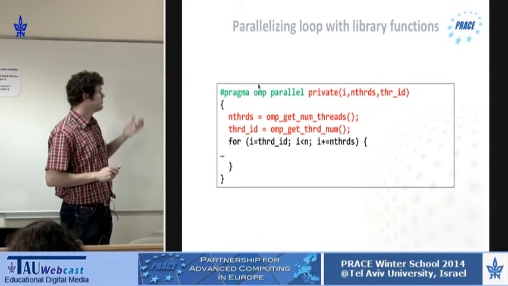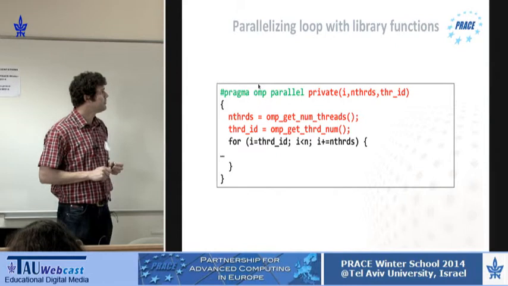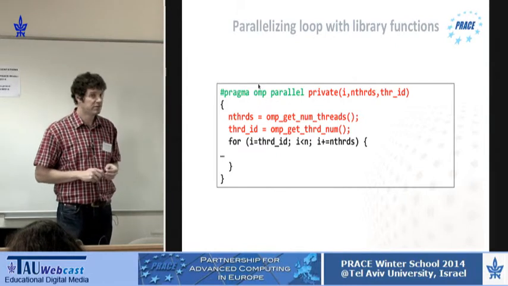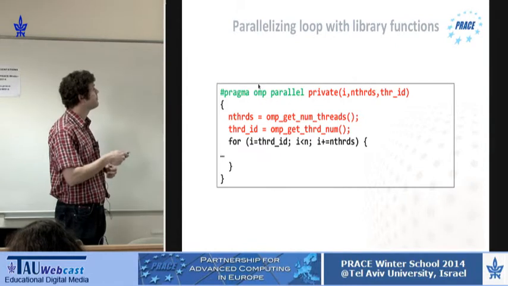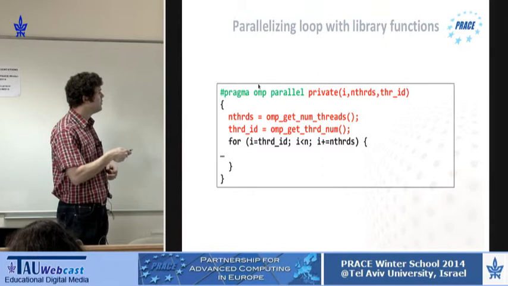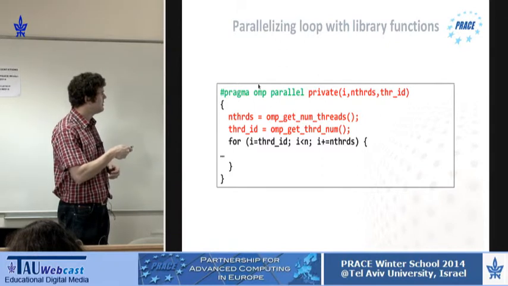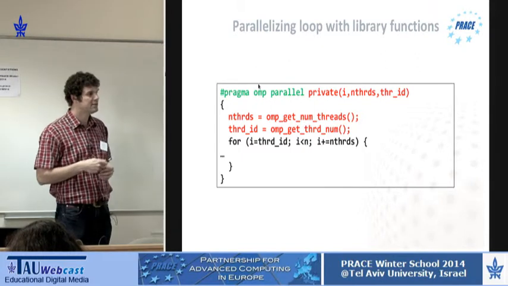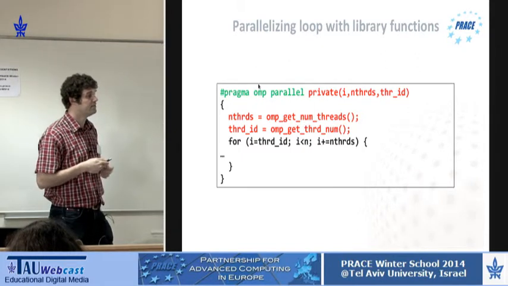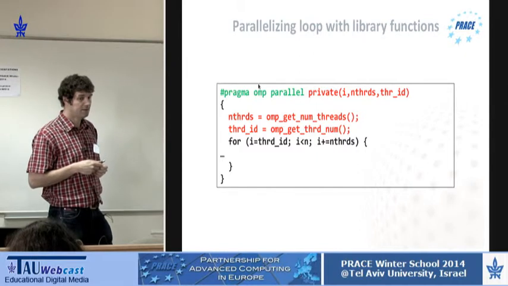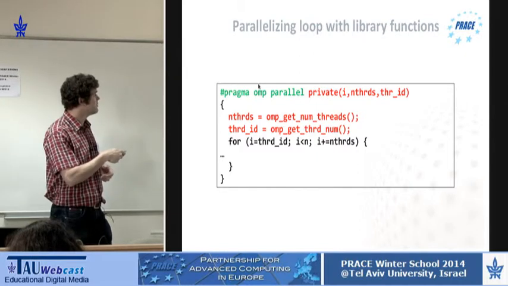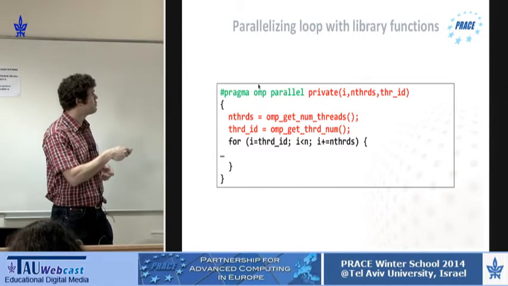Here would be a simple example of parallelizing a loop with library functions. We don't want other threads to modify the value; for this one it probably wouldn't be that drastic because all the threads will have the same value there, but thread ID naturally has to be made private here.